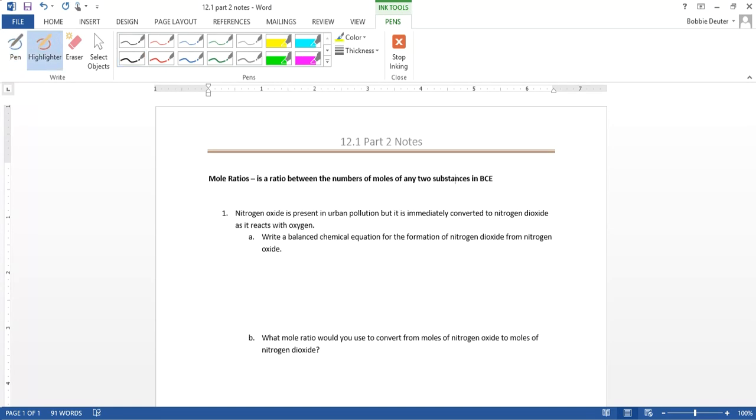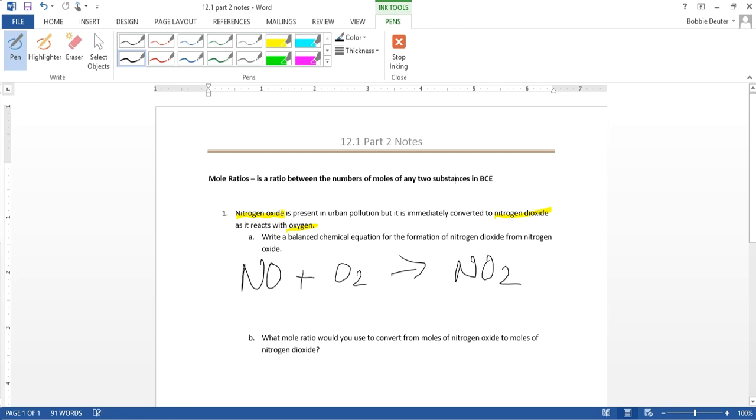So here's the important stuff right here: nitrogen dioxide, nitrogen oxide, and oxygen. Let's write this balanced chemical equation. NO reacts with oxygen O2 to produce NO2. Not balanced yet. So it's 2 and 2. Now we're balanced.